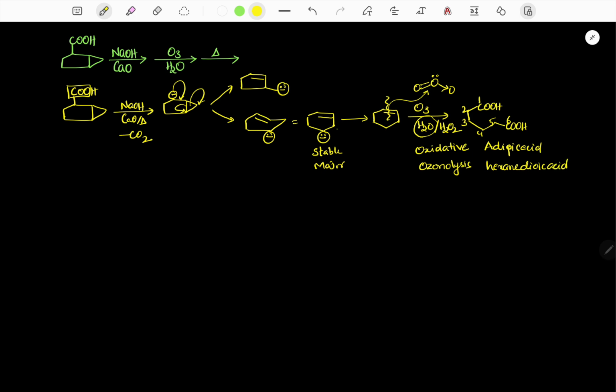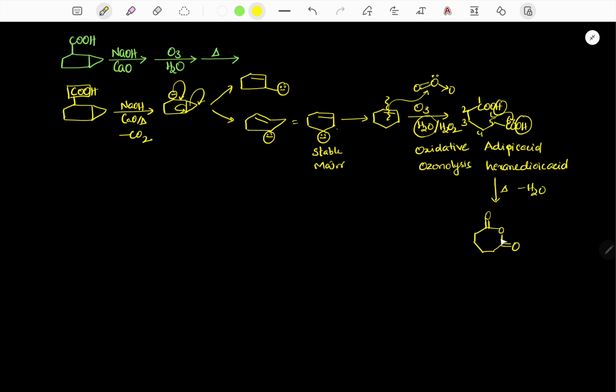Hexanedioic acid. Now this compound is heated. So here there are two carboxylic acids, and we are heating. It undergoes dehydration and forms the corresponding 7-membered cyclic anhydride.